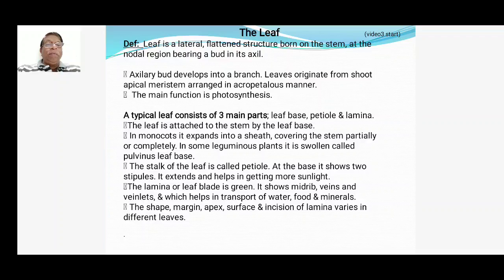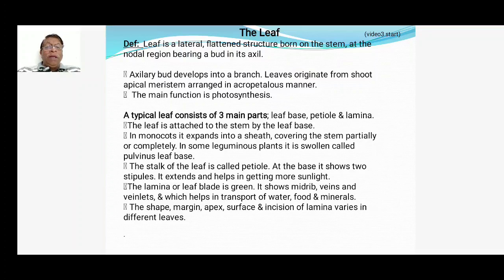It shows a midrib, the strong vein we call midrib, and it is branched into veins. Further branches are called veinlets. The midrib, veins and veinlets help in transport of water, even food and minerals. Okay, that is all about the leaf blade.